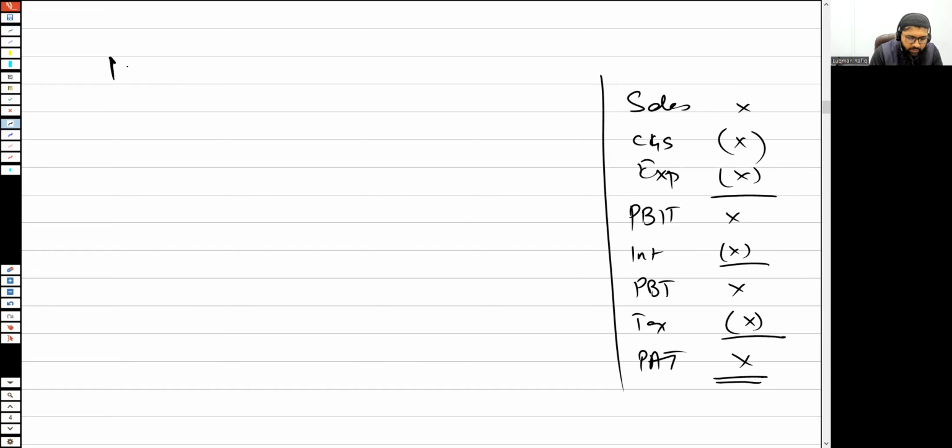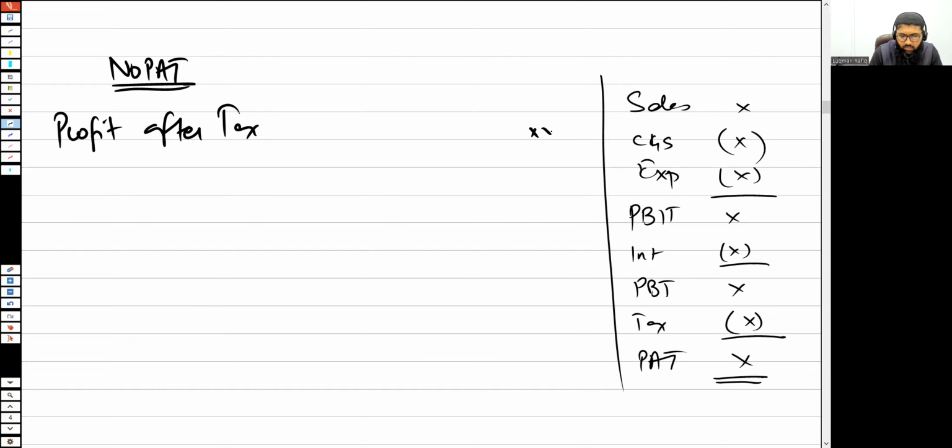Now, when we talk about the net operating profit after tax, NOPAT, what we generally do is that we start off with profit after tax. Then we add back after tax interest. What exactly is this after tax interest?